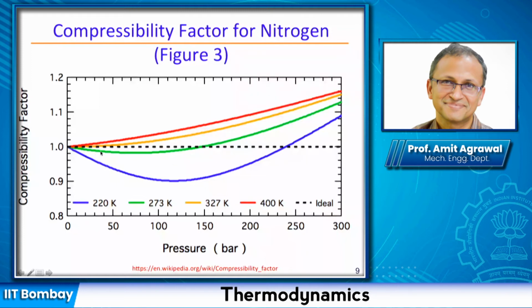Especially, for example, if you look at 273 Kelvin, which is like 0 degrees Celsius, you see that over 0 to 150 bars of pressure, the compressibility factor, and you can read here, is 0.98. It's in steps of 0.02, so it is 0.98.